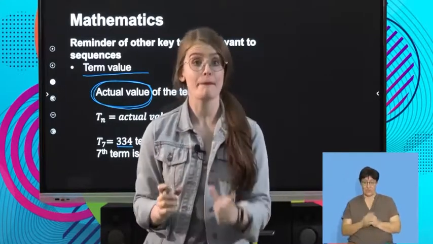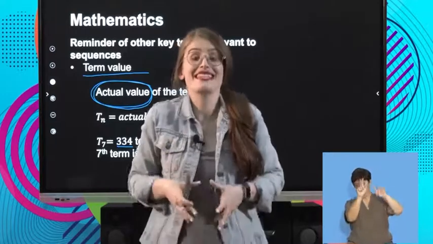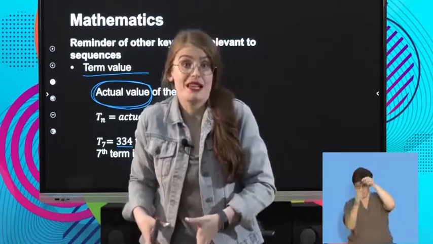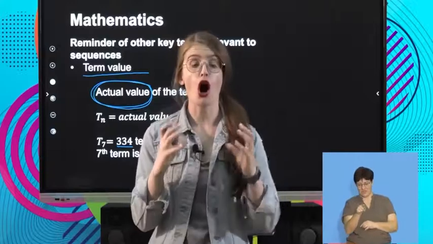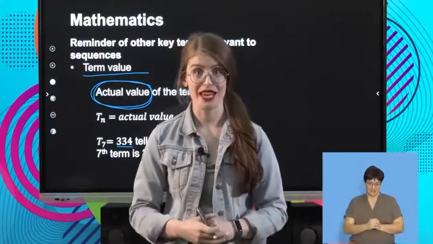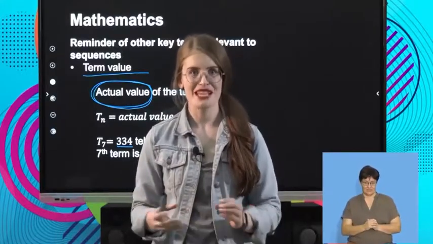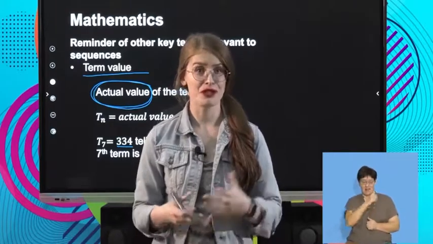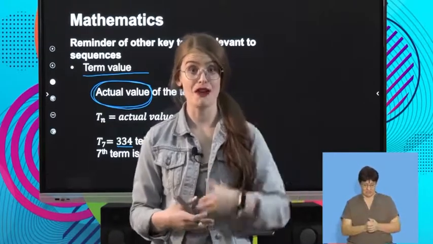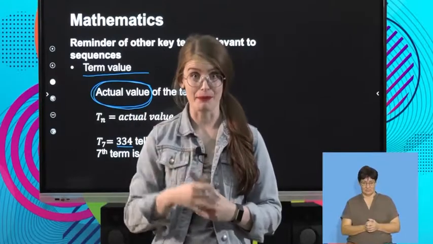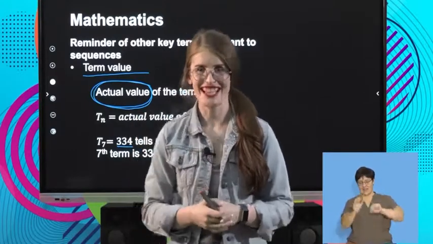The term number is 7 because it's in the seventh position of the sequence, but the value of the seventh term is 334. Please make sure you're comfortable with the differences between term value and term number. Let's look at the next slide.